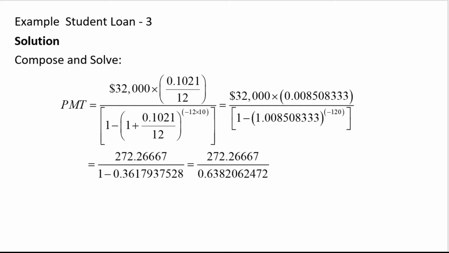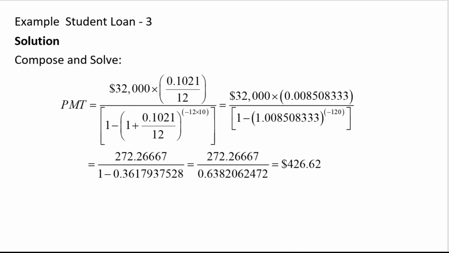Continue to solve. So that's equal to, your numerator remains the same, and in your denominator do 1 minus 0.3617937528, which is equal to 0.6382062472.